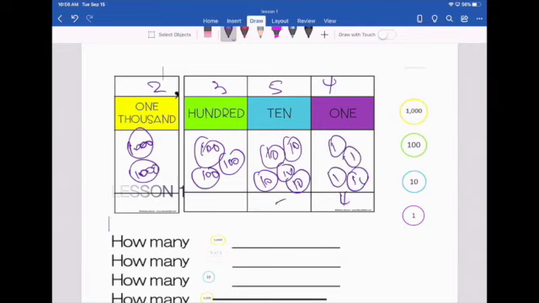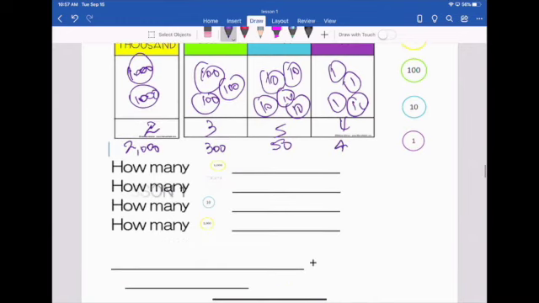We know that is the number, but we know that 2000 is equal to 2000. We know that 300 means 300. We know that 5 tens is 50, and we know it's 4 because we know how to count by 10, by 1, by 100, by 1000.